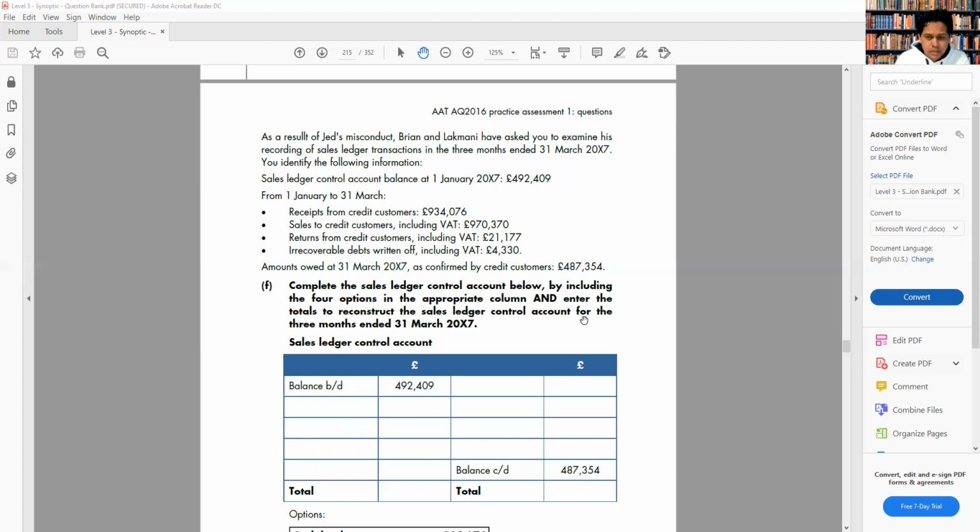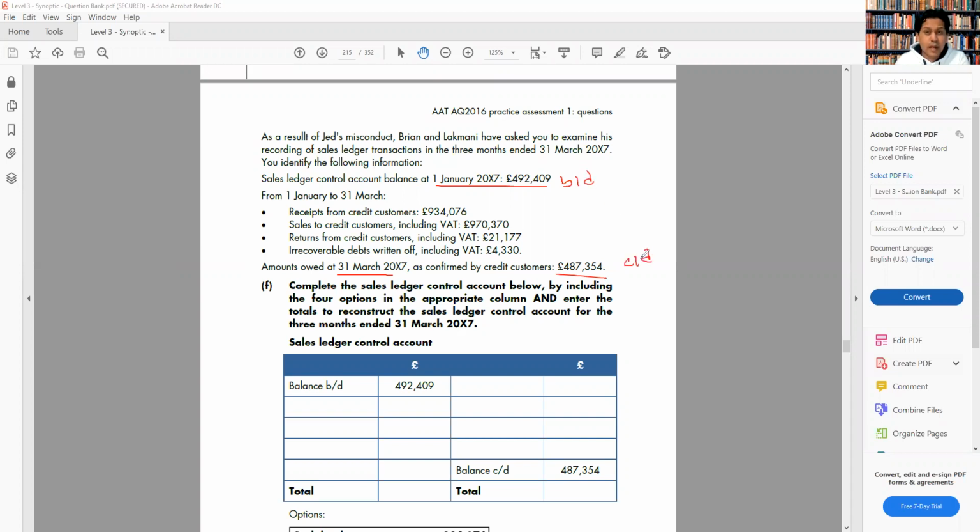Construct the sales ledger control account for the 3 months. Obviously we can do it, we have the information. And the amount owed at 31st March, they are asking you to find the balance. This is the closing balance as confirmed by the credit customer, 487. So obviously that's my opening balance on 1st of January, and 31st of March is my closing balance. That's my balance BD, and that's my balance CD.